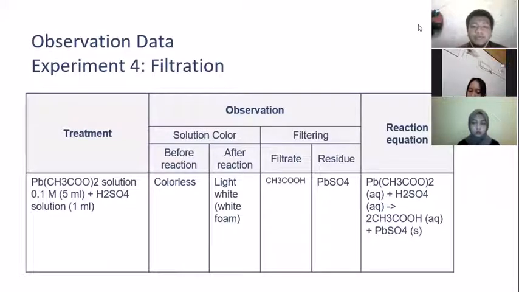For filtering, the filtrate is acetic acid, and the residue is lead sulfate. Reaction equation: lead acetate aqueous plus sulfuric acid aqueous produce 2 acetic acid aqueous and lead sulfate in solid.